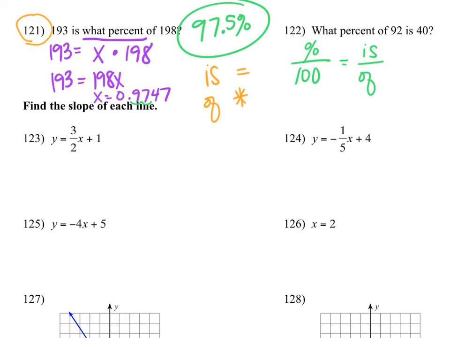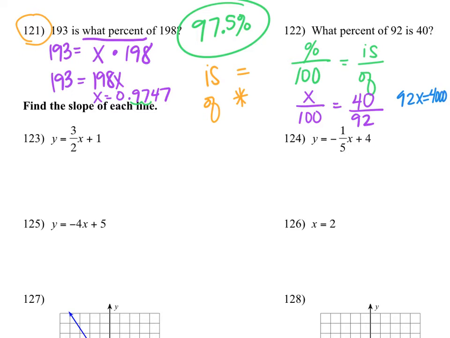So I know that my percent in this case I don't know, so x over 100. My is 40. Of is 92. And now I have a proportion. I can cross multiply. So I'm going to have 92x equals 4,000.